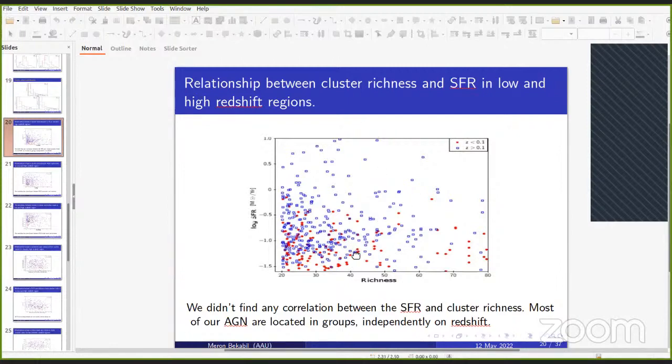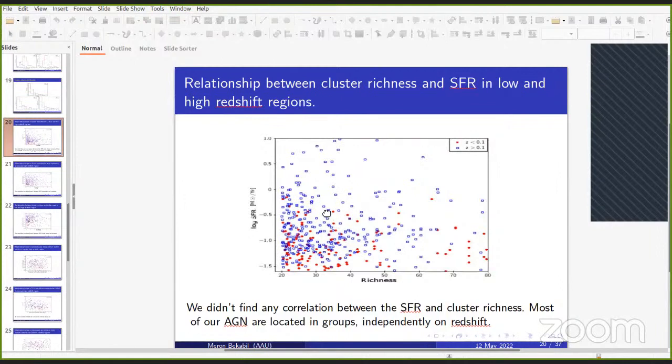We want to see the relationship between them. What we see from this diagram is that most of them are located around here in the galaxy groups, and they are mostly in the quenching star formation regime. There is a little star formation going on here, but that is what we expect from the local universe.